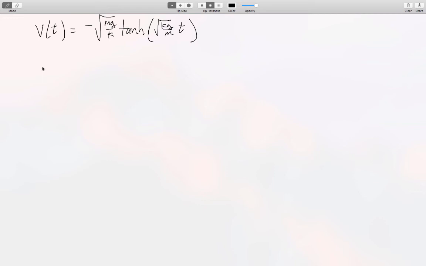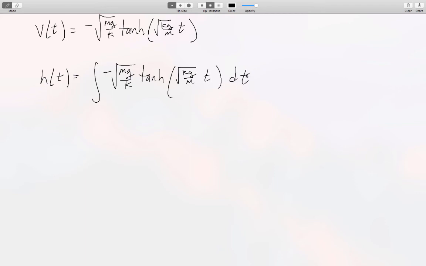And now if I integrate, the height function will be the antiderivative of the velocity. So you see now why I was integrating hyperbolic tangent with these constants, where the variable of integration is t.